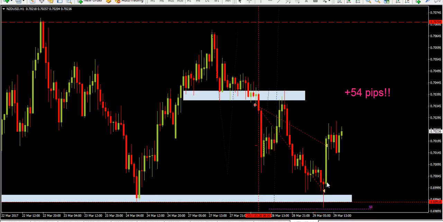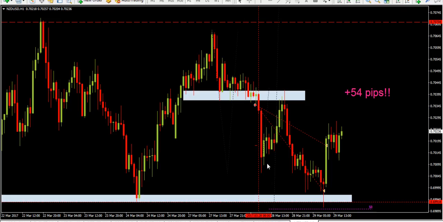I mean, buyers tried to break with the previous low and this very thick area of support, but were unable to close below it. And buyers just pushed price up and continued to push price up and stopped us out, and price has then rallied to the 70.23 level.